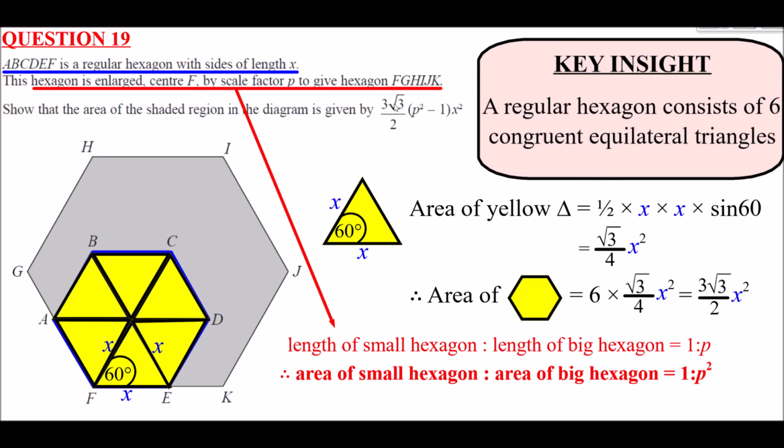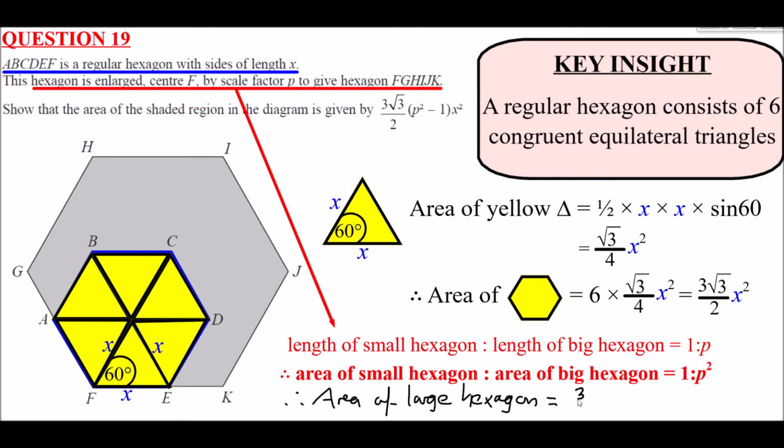So we've got the area of the, obviously, smaller hexagon to be this. So using what we've got here, we can say that, therefore, area of large hexagon, that's going to be this thing here multiplied by p squared.